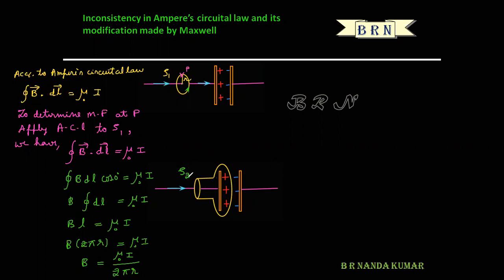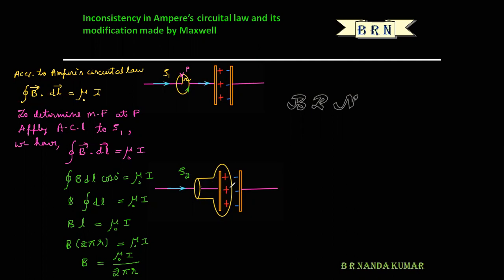What is the meaning of S2? S2 is a pot shaped surface without lid, and its bottom is between the plates, which does not touch the current. Since the surface does not touch the current carrying wire, conduction through it is zero.